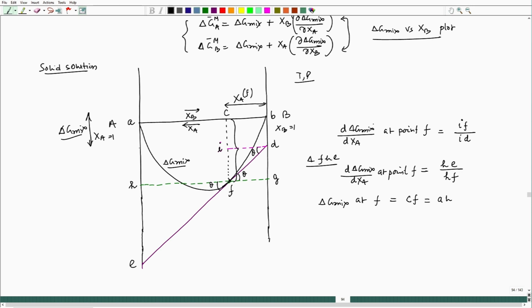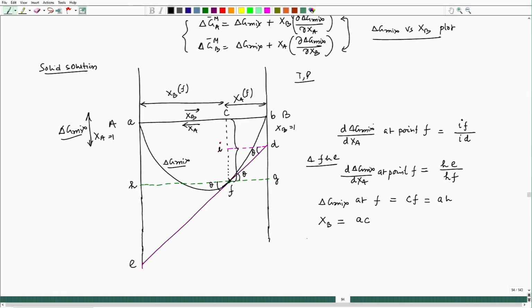This line AH would be equal to Cf. Now, I will put this expression in, and what is xB? This is my xB at point F. So xB is equal to AC.